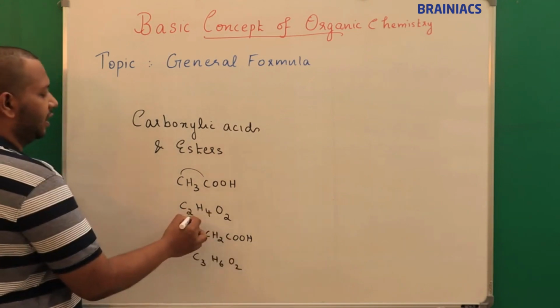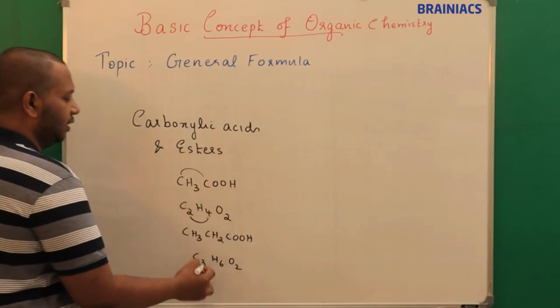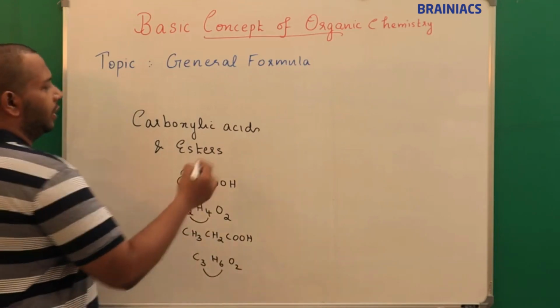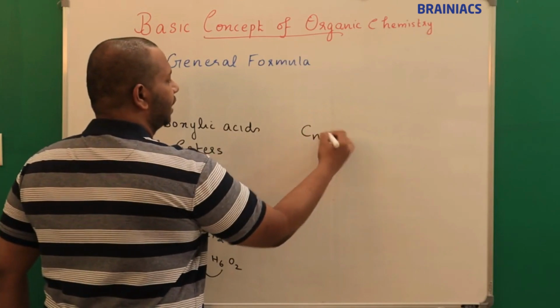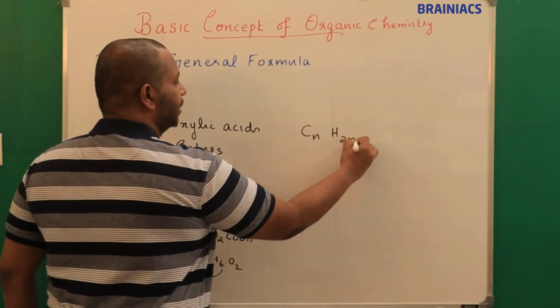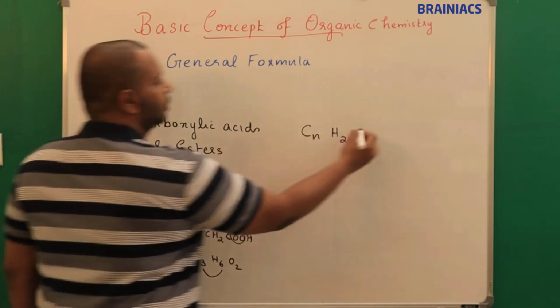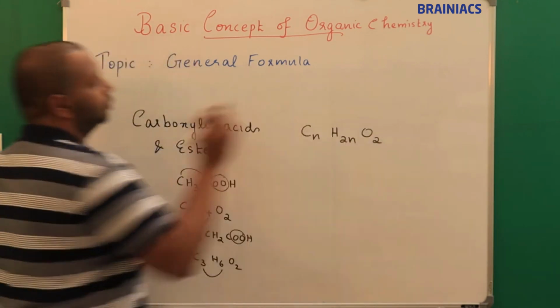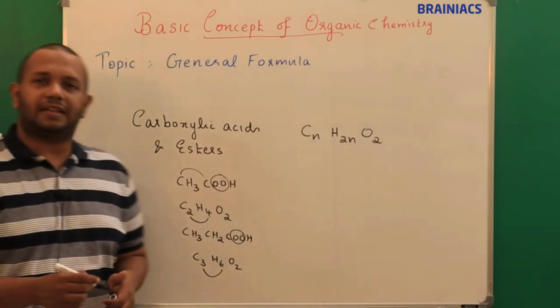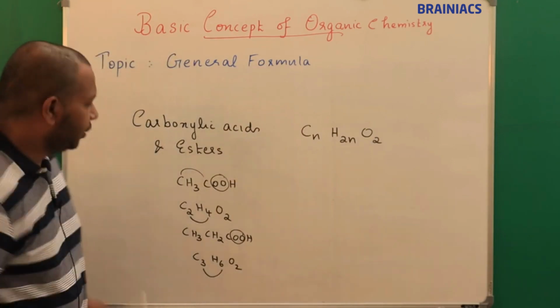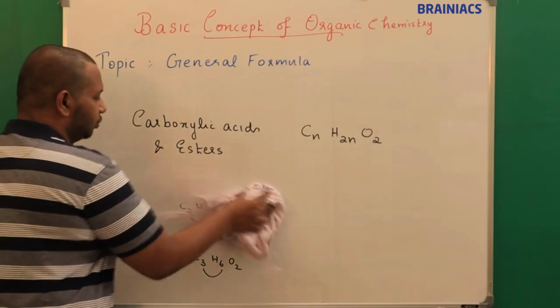So we know that here 2 means it's a multiple, 2 times, and 3 means 3 into 2. So again the formula should be what? If this is N, H should be what? 2 times N. And how many oxygen? The number of oxygen always remains fixed, so that will always be O2. So this is the general formula for carboxylic acids or esters. Now you can verify this for esters as well.